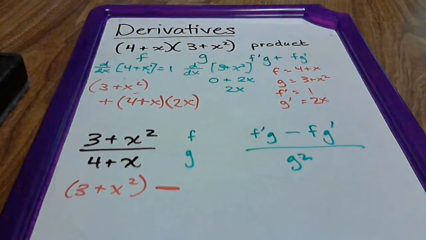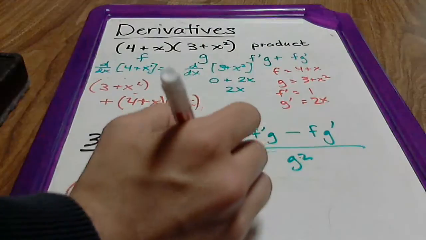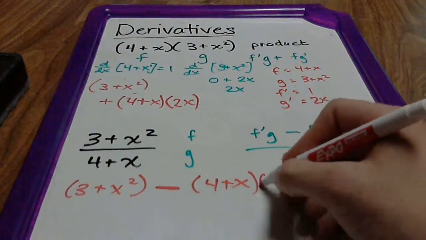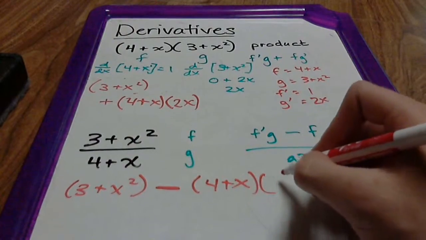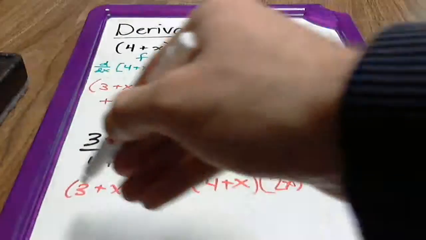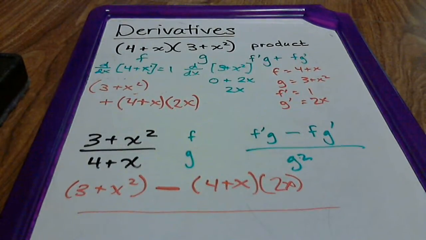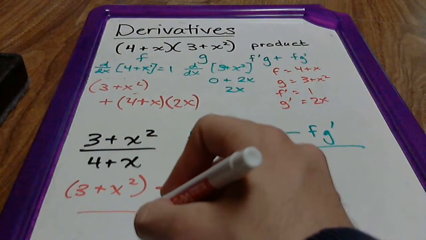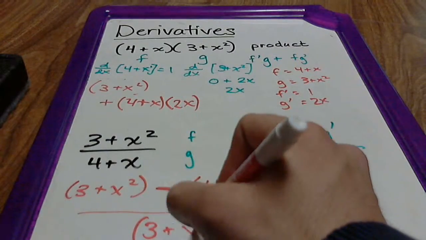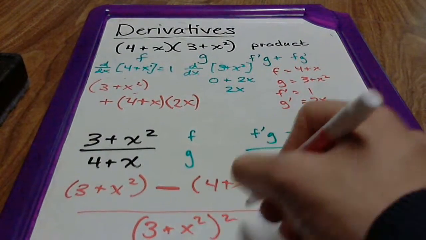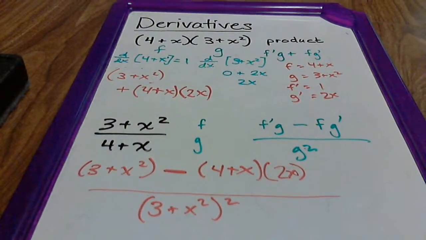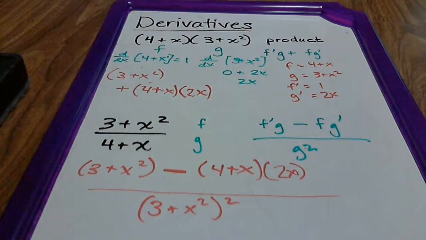Okay, f times g prime, so 4 plus x times 2x, all divided by the square of g, so g is 3 plus x squared, so 3 plus x squared, squared, and there is your derivative. So those are your two derivatives. So good examples of using the product and the quotient rule.